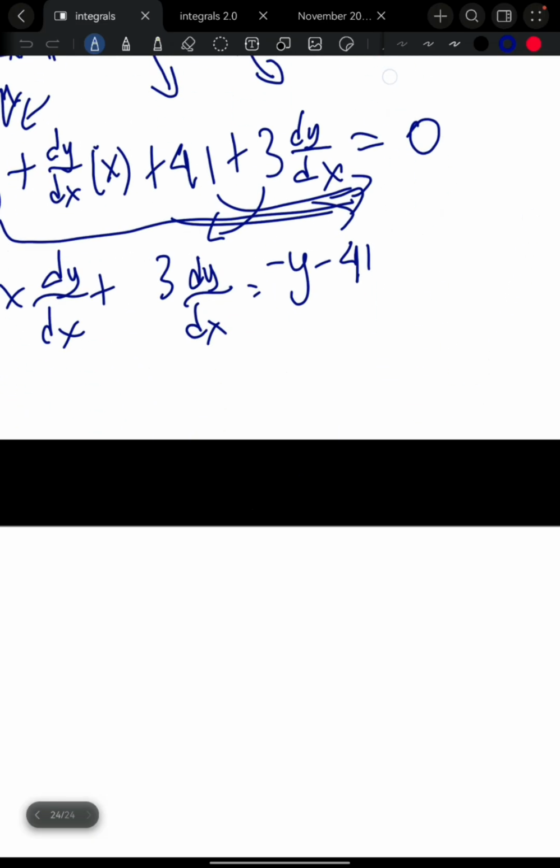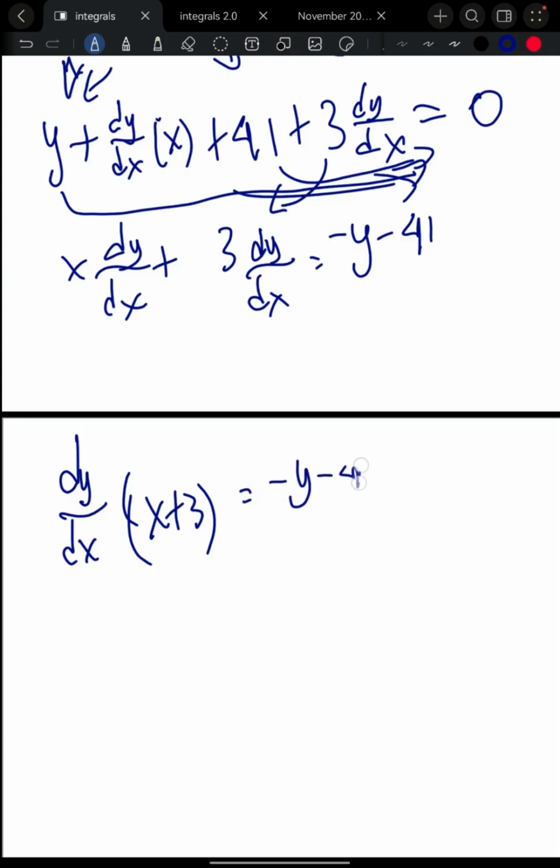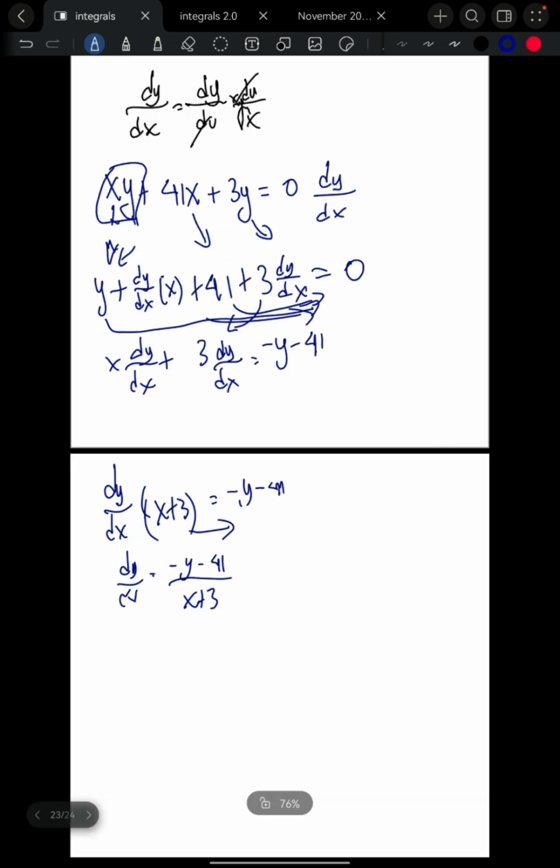And then I'm gonna take dy by dx common factor, and this is gonna be x plus 3 is equal to negative y minus 41. Alright, dy by dx is equal to negative y, minus 41 divided by x plus 3, and that's it, right?